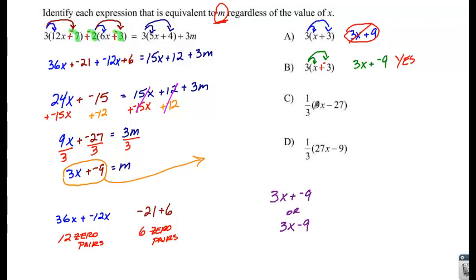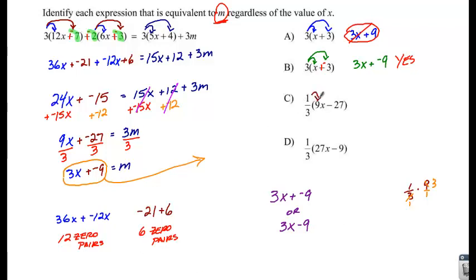1/3. Now don't get thrown off by the fractions. 1/3 of 9x. So you can do it a couple ways. We can go down here. 1/3 times 9. That's 9 over 1. Simplify it out. 3 goes into 3 once. 3 goes into 9 3 times.